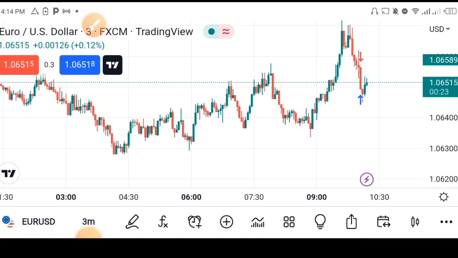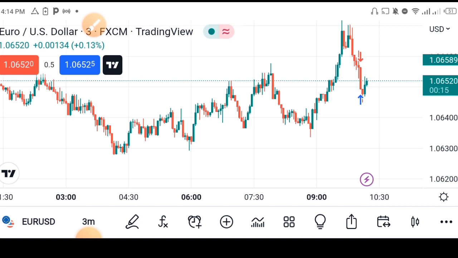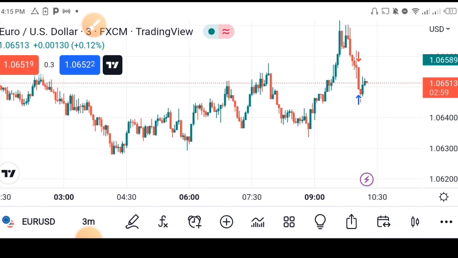You don't want to be buying in the middle of the range or at the area of resistance. Whenever you are mapping a support, just know that you are planning to buy on that support.